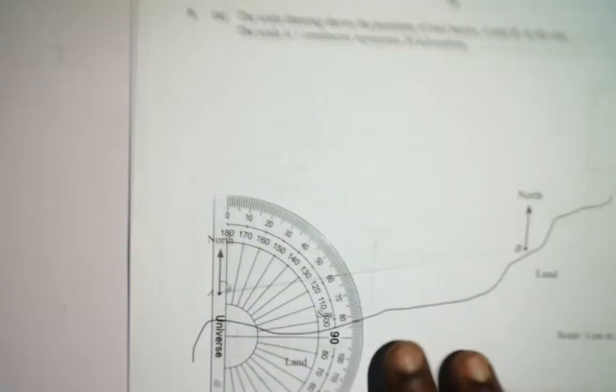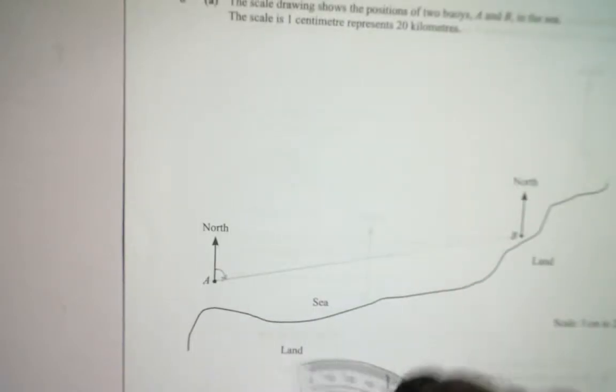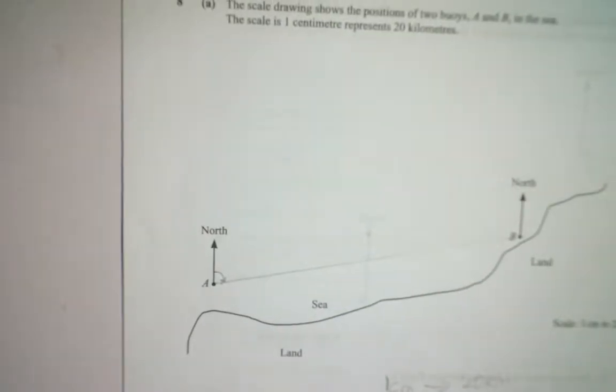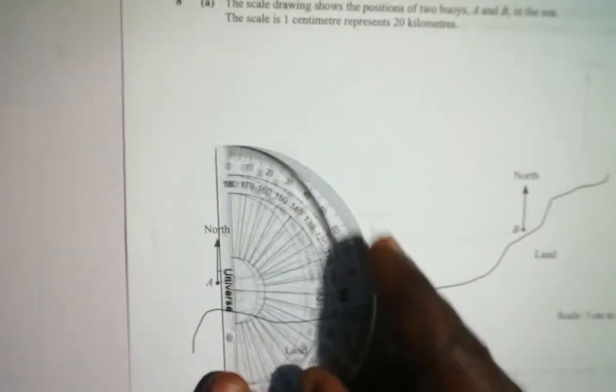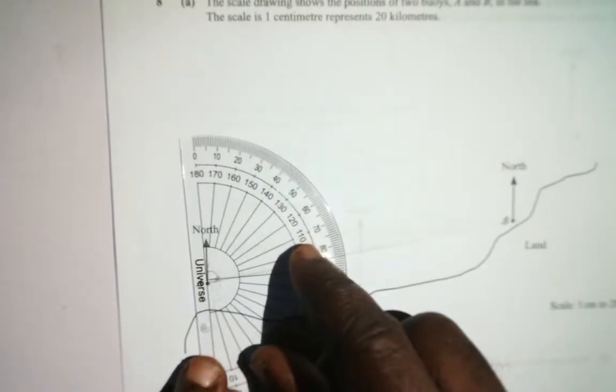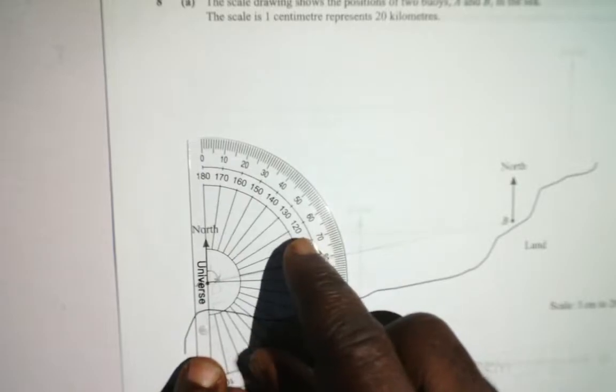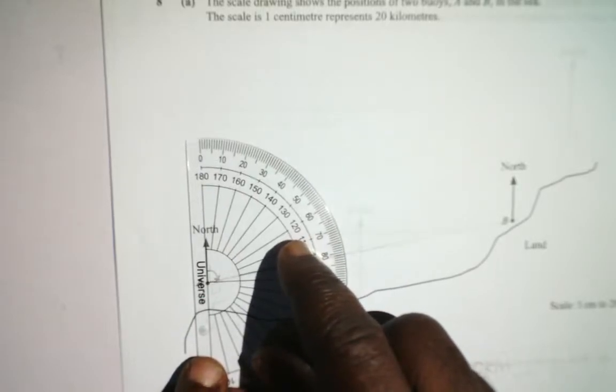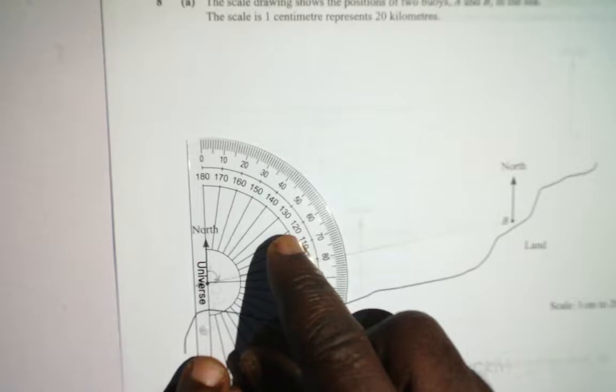Yes, my protractor. My reference point is A, so I make sure that my baseline is exactly on that line A there. The baseline must be on it.